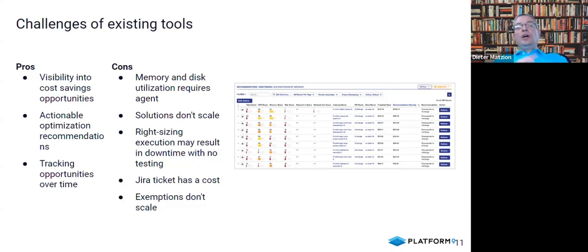And now if you just execute this right sizing recommendation in a production environment, very likely what this will do is it will shut down the servers and restart it on a right-sized virtual machine type, right? This means that in the meantime, between the shutdown and the restart, the service will simply be unavailable, right?